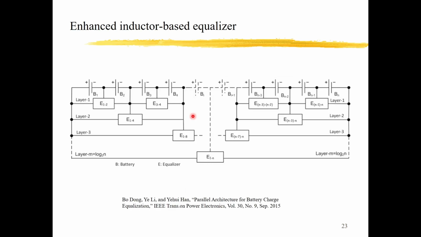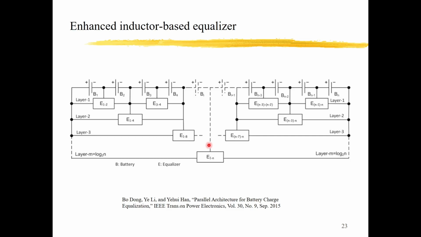So if we want to improve this method, maybe we can take the same action as previously introduced. We have the first tier energy transfer, and we have the second tier and the third tier, to accelerate the energy transfer by multiple layers, multiple tiers.